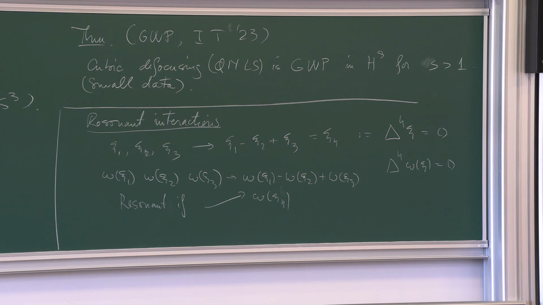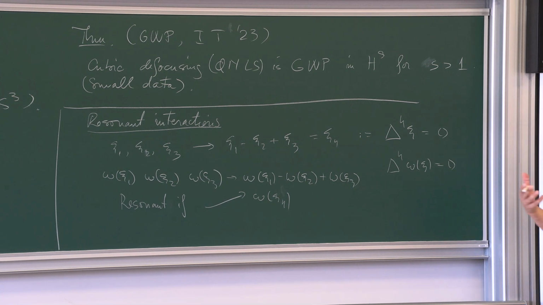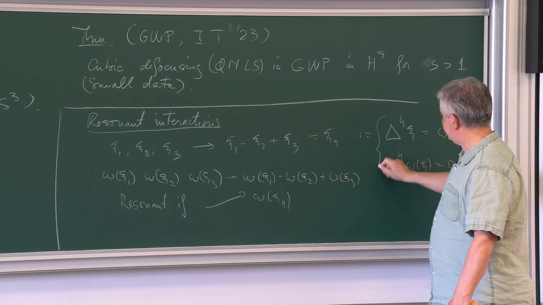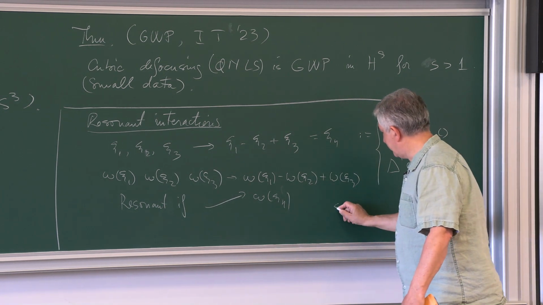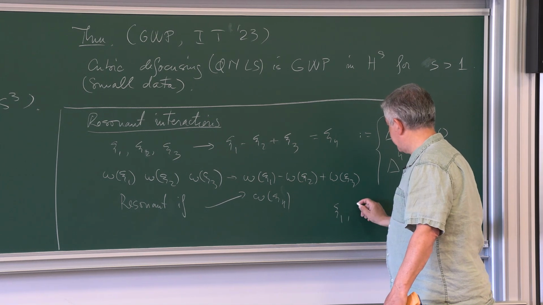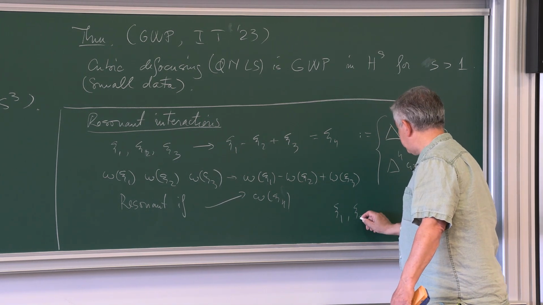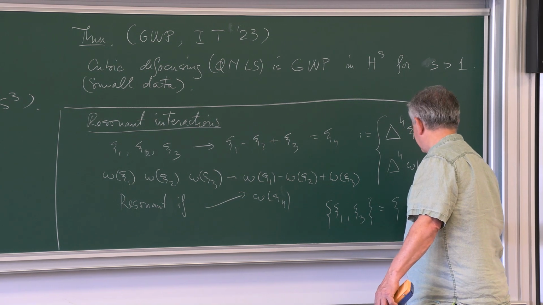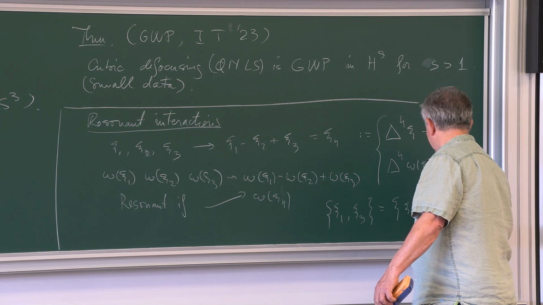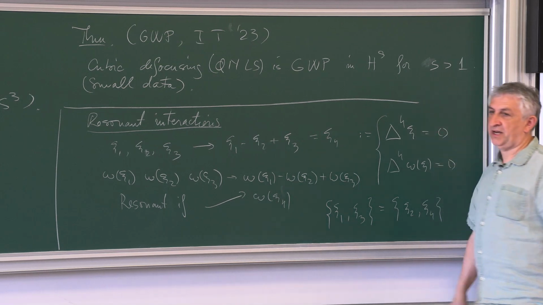So to understand what are the resonant interactions, you have a system with two equations and four unknowns, which in principle gives you a two-dimensional set of solutions. You can do the algebra easily, and the set of solutions is the set of pairs for which psi1, psi3 is equal to psi2, psi4 in any order.